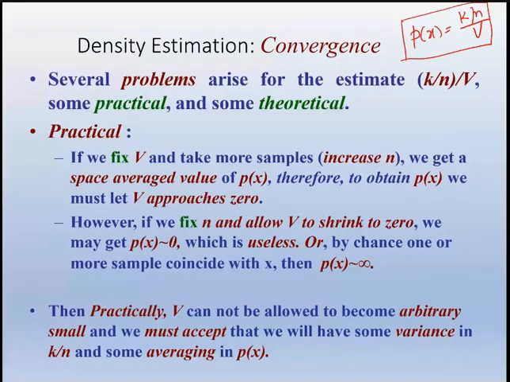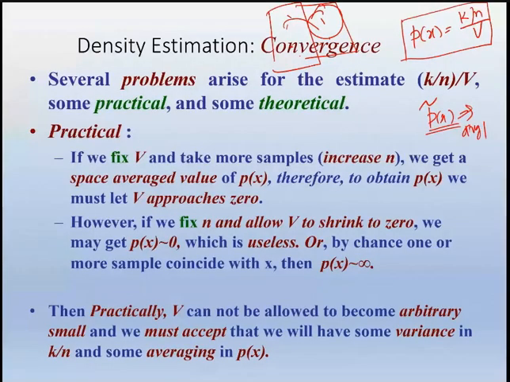That means if I keep on increasing the number of samples and fix the volume, say this region is fixed, and if I keep on taking more samples in my problem domain, then this estimation p of x will be the average value of the actual p of x.